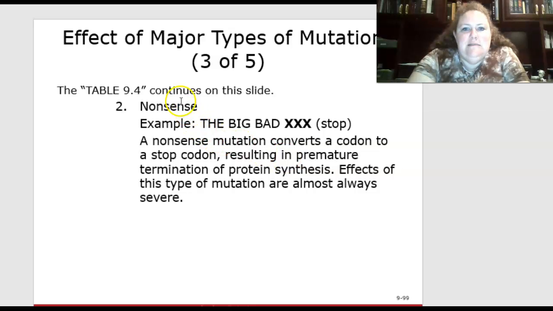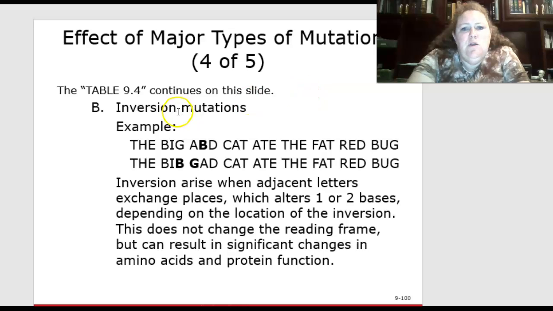You have the nonsense mutation, and that means that you have a codon that's going to be converted to a stop codon. This is going to result in a premature termination or stopping of the protein synthesis, and the effects of this type of mutation are almost always very severe. You have inversion mutations, and you can see here it kind of jumbles it all around. So an inversion arises when adjacent letters exchange places, and this is going to alter either one or two bases depending on the location and the inversion.